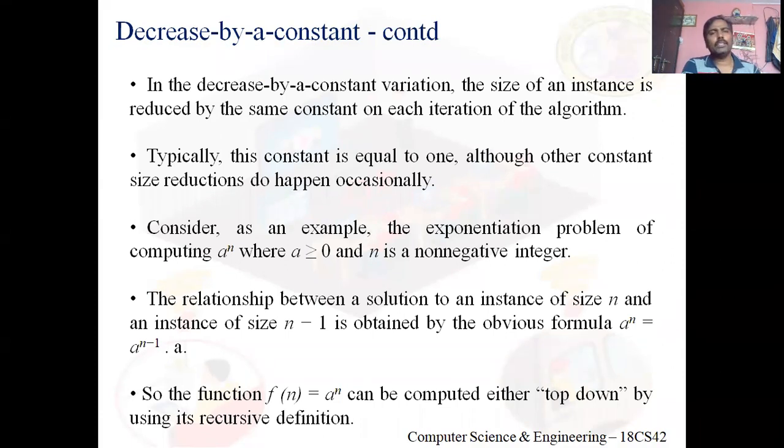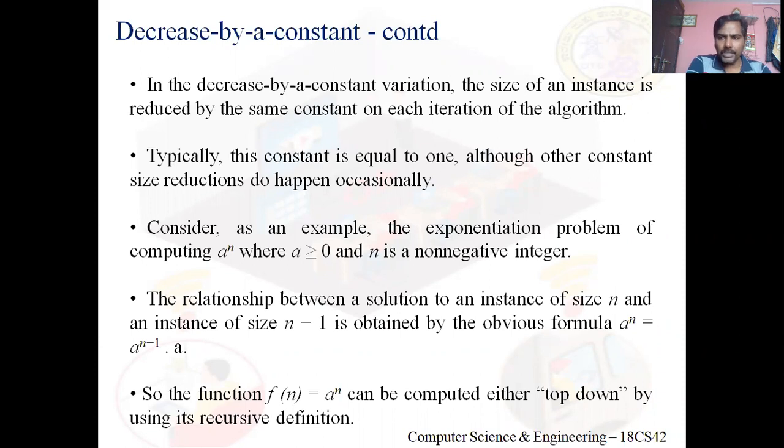So, decrease by constant. A better example I've taken is computing a power n. You can write an algorithm for this. You can either develop a recursive algorithm or you can even develop a non-recursive algorithm. But I have not designed an algorithm in this case, because it's very easy.